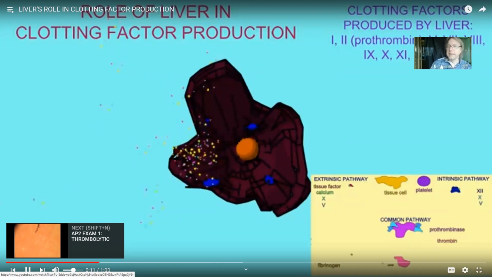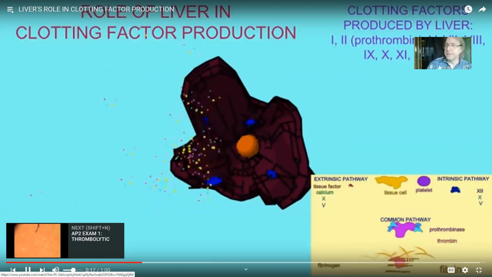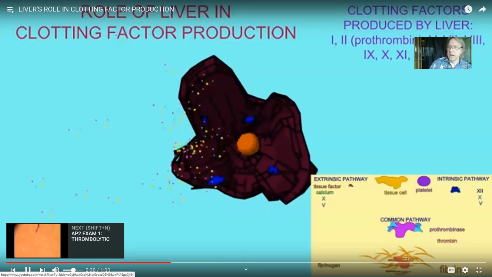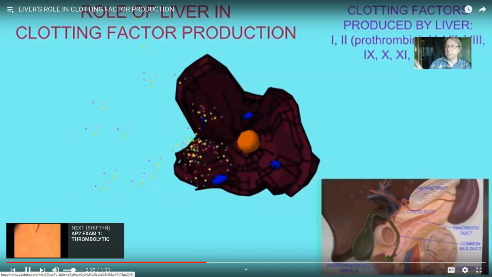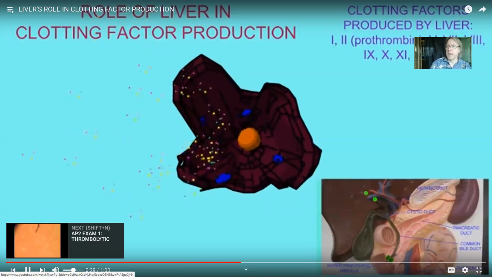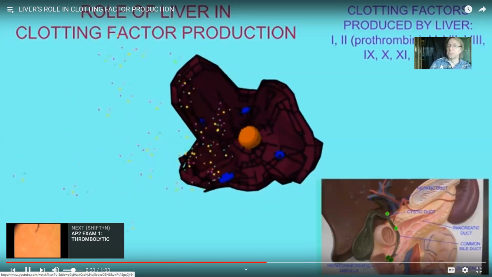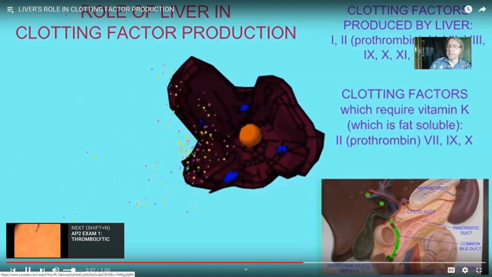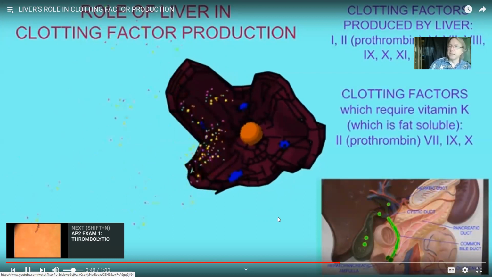Why are they in the blood? Well, the liver puts them there. Now, I always feel a little bad for the liver because very often it's relegated to the digestive system. So when you talk about the digestive system, you talk about the liver and bile. The reality is, however, the liver has more than 200 functions. And with many systems of the body, you could include it. It certainly has some role. So, for example, many of the plasma proteins are made by the liver, and that would certainly include clotting factors.